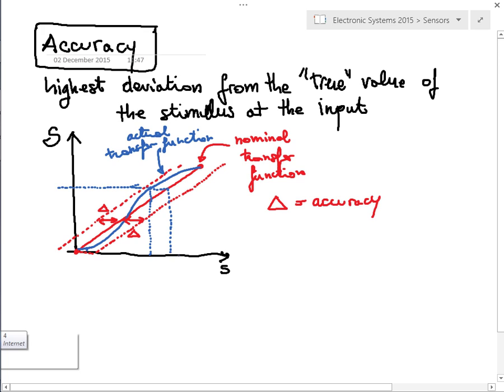So the error that we are making is by definition smaller than delta.